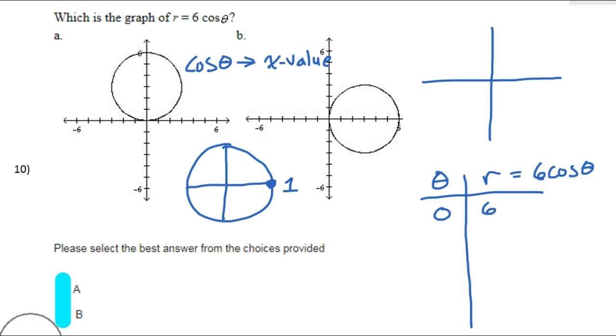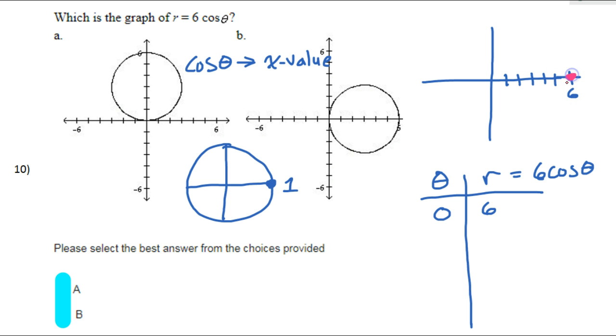So let's plot this point. Remember that these are polar coordinates, so this 0 tells us that we're starting off at 0 degrees. And the r tells us that we're going to go out a distance of 6. So here's a distance of 6, and I'm sitting here at 0 degrees.